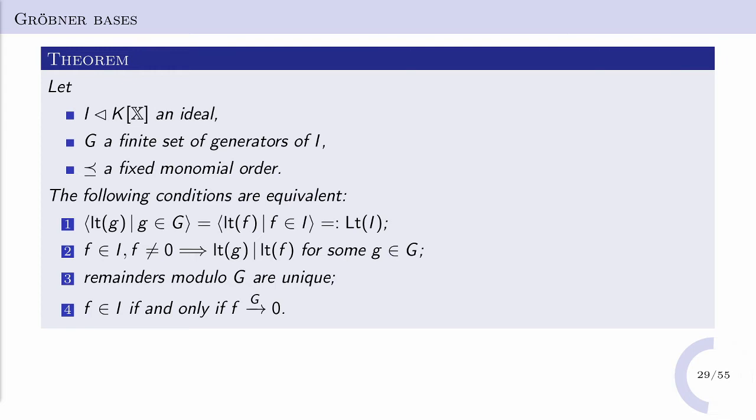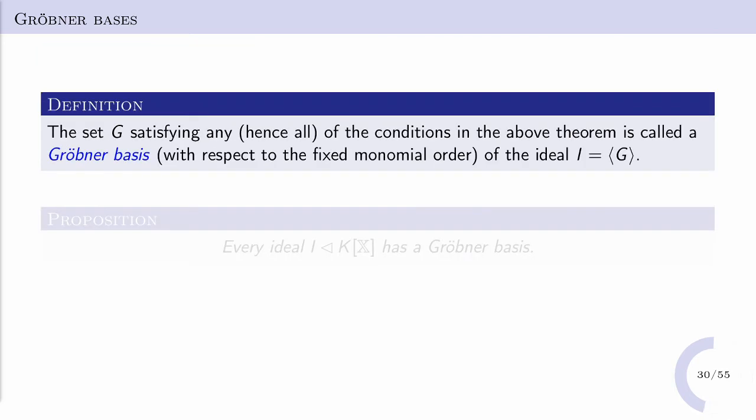So this G is a set of generators with very special properties. One of them is that remainders modulo this set are unique. And if the set of generators satisfies all these conditions, then this set is called a Grobner basis of this ideal. In short, we just say Grobner basis.